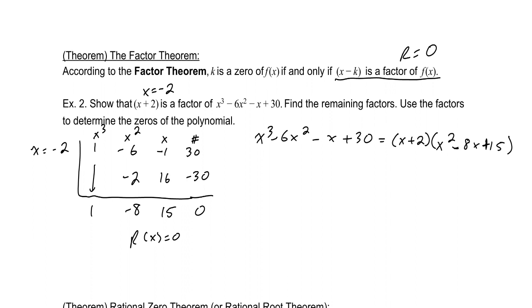That is based on my results of my synthetic division with a remainder of 0. Now I can factor x squared minus 8x plus 15. Let's bring down the x plus 2. That's going to be 5 and 3. So x minus 3, x minus 5.